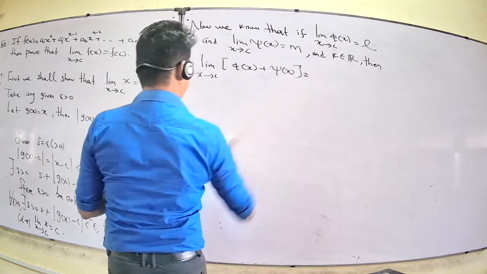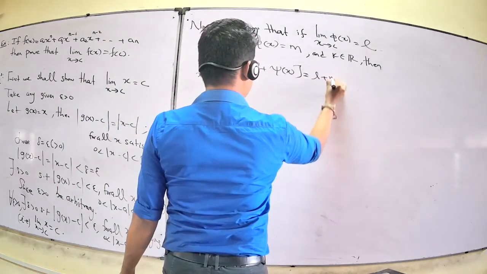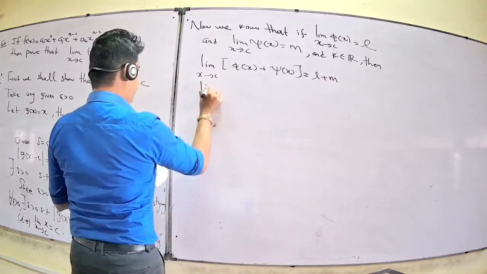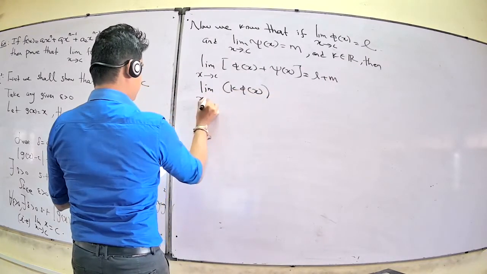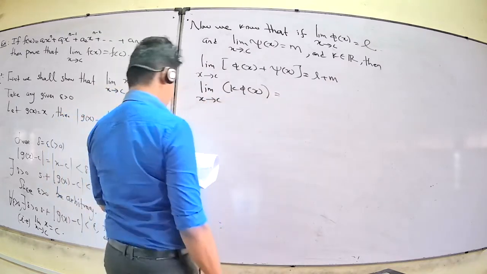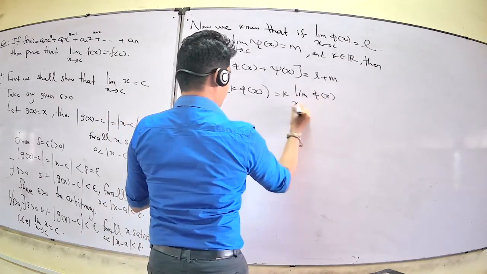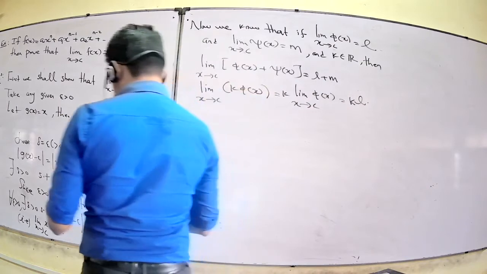You can take this limit is equal to L plus M. It is the properties of the limit, L plus M. Similarly, for scalar multiplication of the limit, k phi of x, x tends to c, you can write it as k times the limit of phi of x, which is kL.